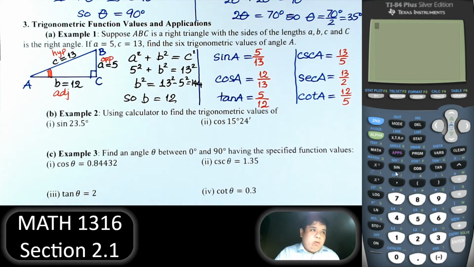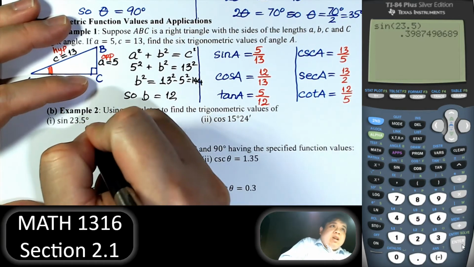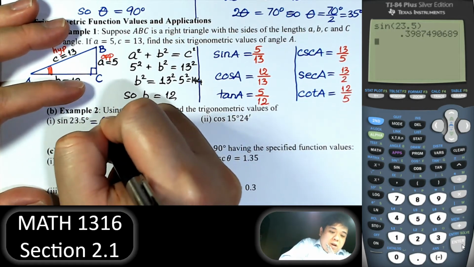So very straightforward, right? So sine of 23.5. If it is degrees, we don't need to do anything else. That's good enough. And of course, it's just an approximation, so we just write a few decimal places.